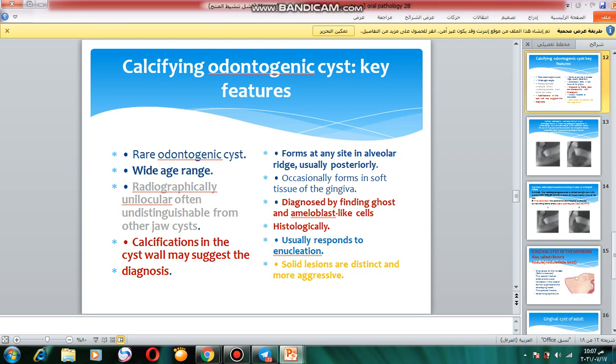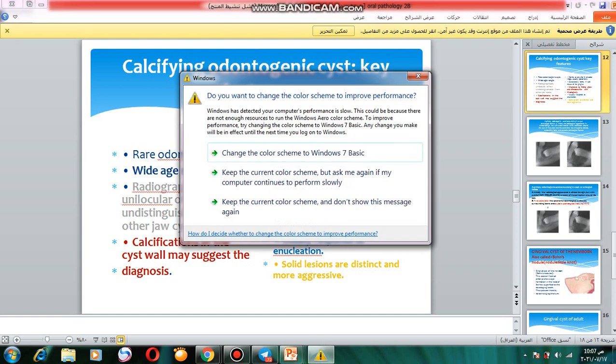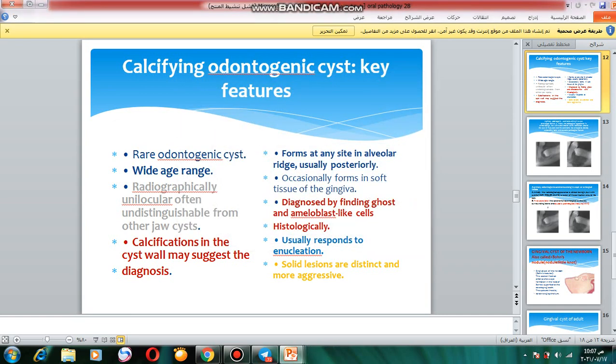We see calcifications that may suggest the diagnosis. That is, if I have a radiolucency with calcifications, I could say it could be a calcifying odontogenic cyst. The histopathological pathognomonic feature: I have ghost cells or ameloblast-like cells in reverse polarization. Usually it responds to enucleation, that's good. Solid lesions are distinct and more aggressive. Solid lesions means it has more calcifications.